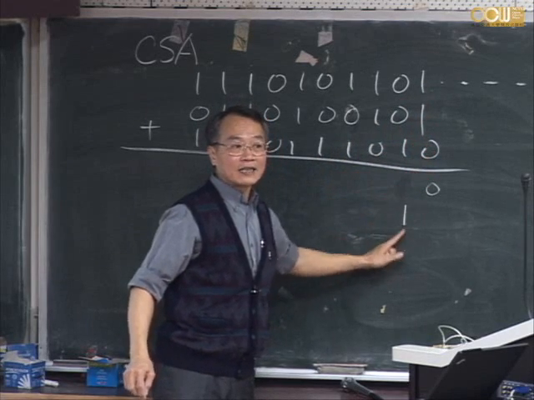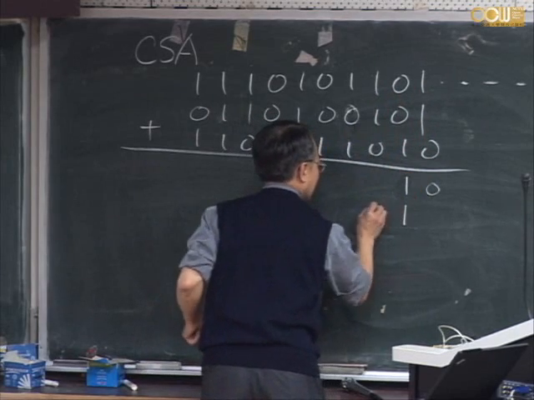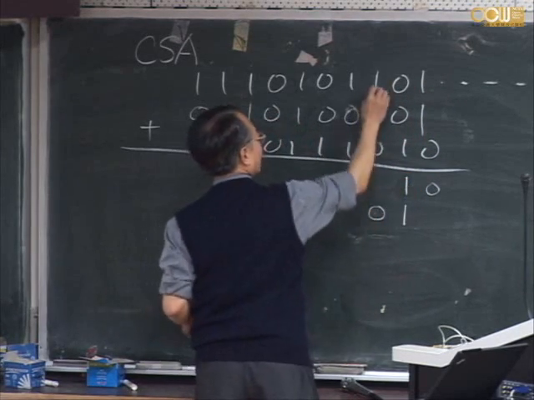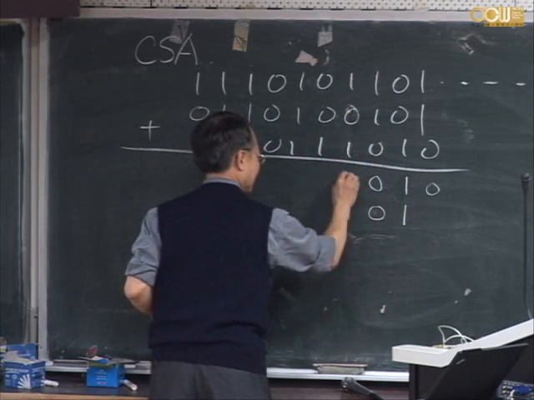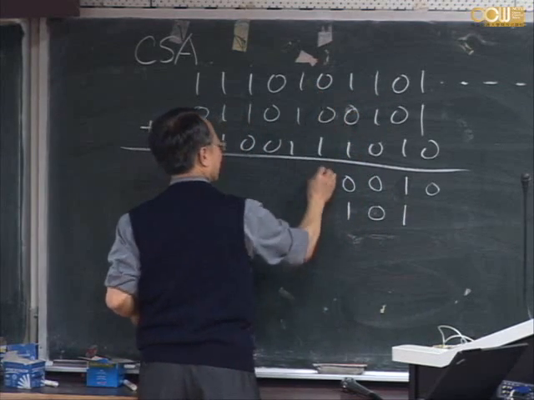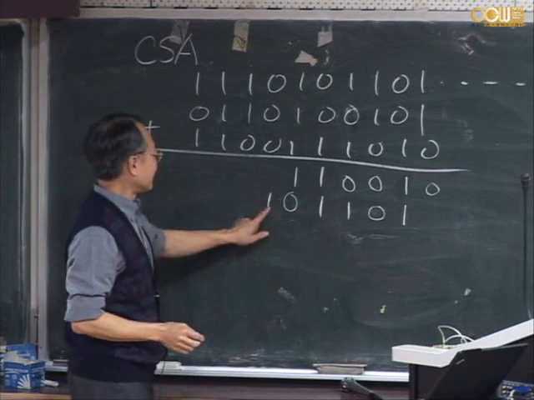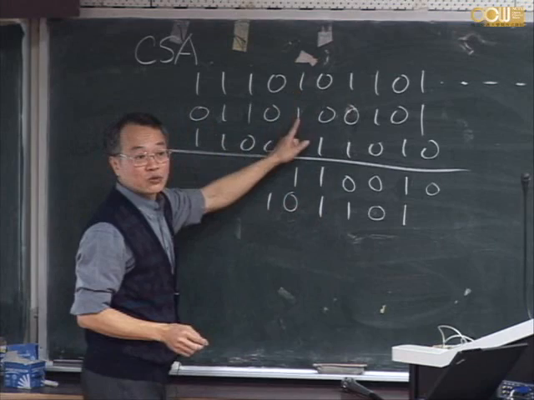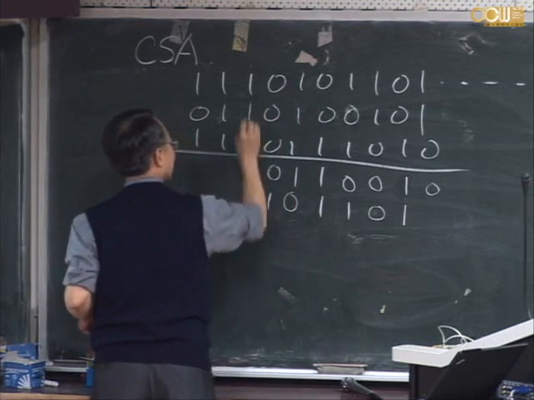Add them together, I get 1, 0. 0, 0, 1, I add them, get 0, 1. 1, 1, 0. 1, 0, 1. 0, 0, 1. 1, 1, 1. This is a difference. You see, 3 ones, I get 3. 0, 0, 0.